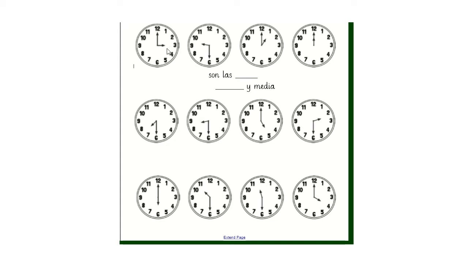Son las tres. 9:30. Nueve y media. 10:30. Diez y media. 1 o'clock, son las una. 12 o'clock, son las doce. 7:30, siete y media. 8:30, ocho y media. 5 o'clock, son las cinco. 2:30, dos y media. 6 o'clock, son las seis. 10:30, diez y media. 11:30, once y media. 4 o'clock, son las cuatro.